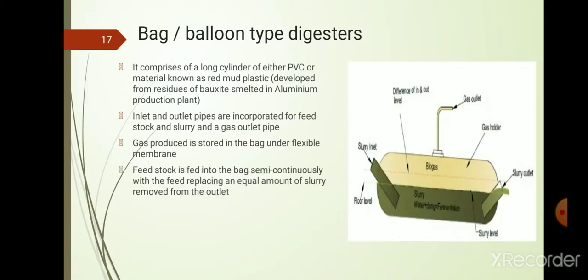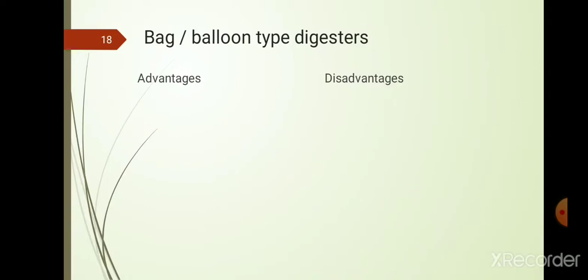The feedstock is fed into the bag semi-continuously, with the feed replacing an equal amount of slurry. So it is not continuous or batch type, it is a semi-continuous reactor. So once we feed the biomass, it will displace an equal amount of slurry; like that it will work. And what are the advantages of this?